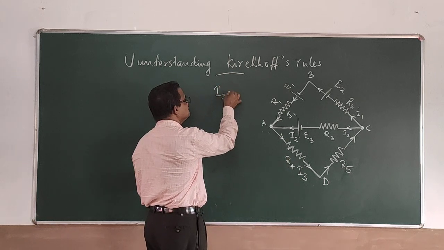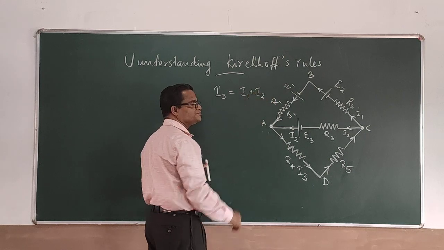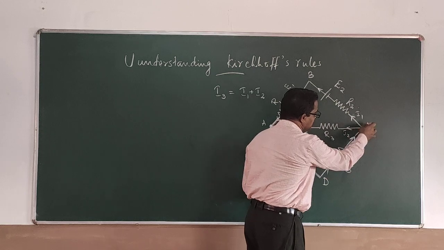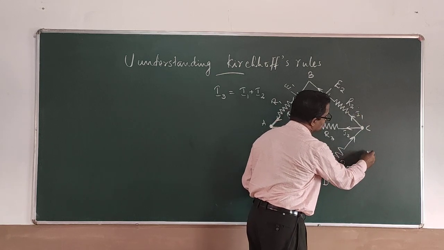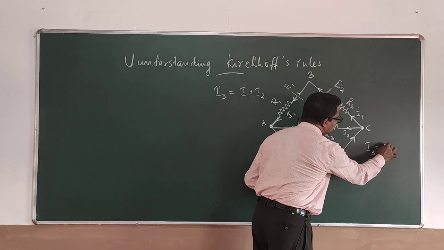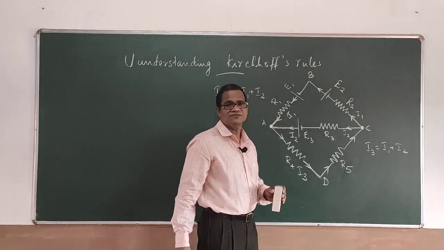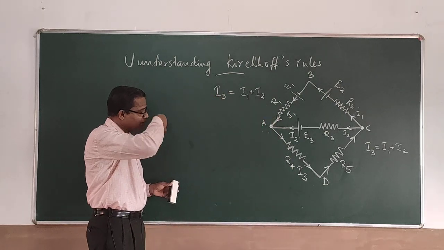That means I3 equals I1 plus I2. And at junction C, I3 is reaching there and splits. So I3 equals again I1 plus I2. This is the first rule, and that's a simple one, there is no complication.